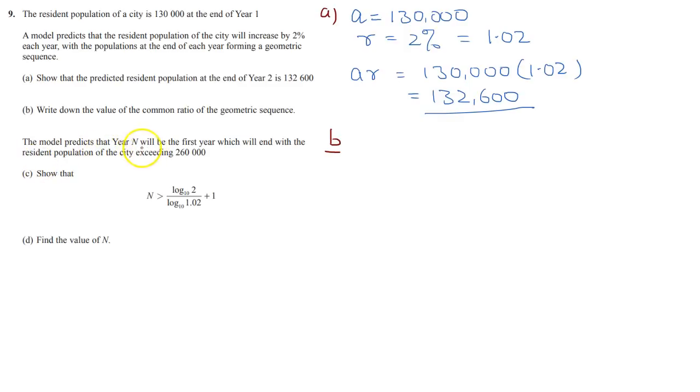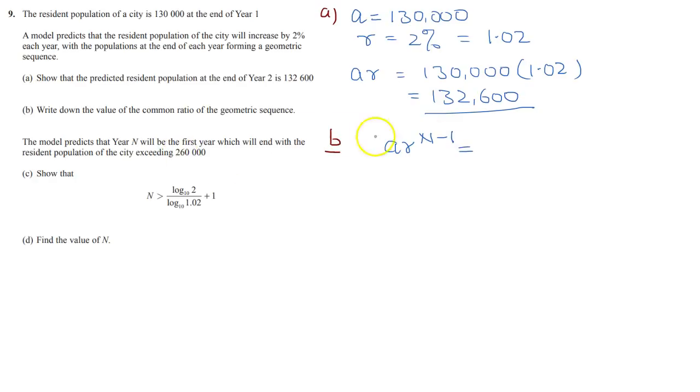The model predicts that year N, not after N years, year N, will be the first year which will end with the resident population of the city exceeding 260,000. So this is the population of the second year. So in year N, the population will be A R to the power N minus 1.